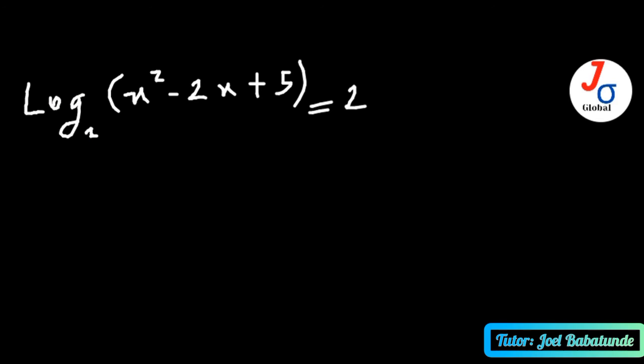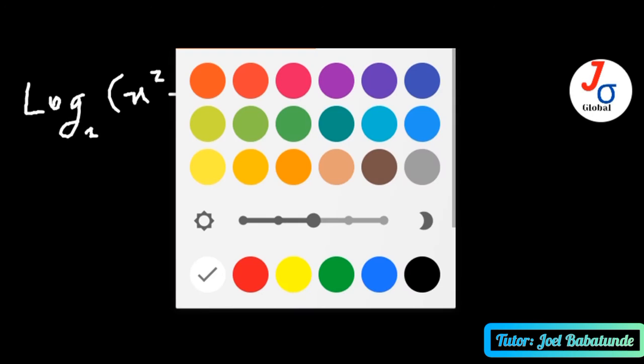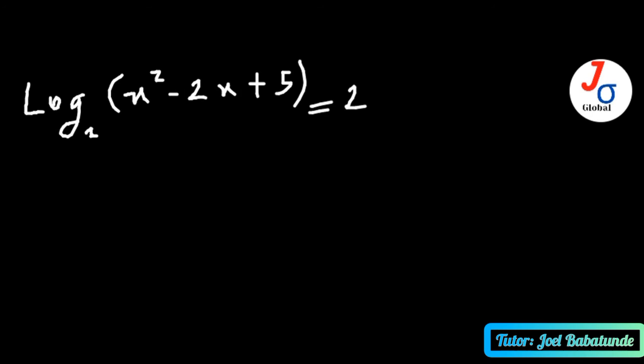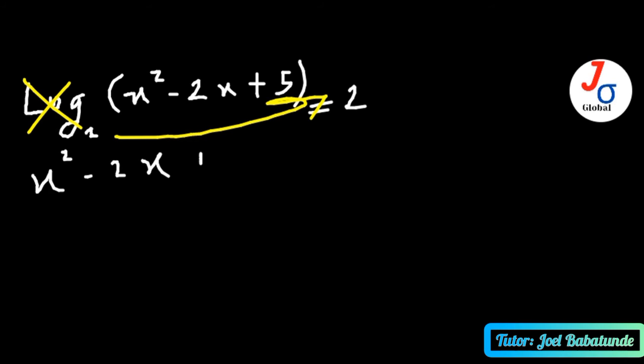Okay. Now we have log of x squared minus 2x plus 5 to the base 2 equals 2. This looks complicated, but it's just the same procedure you have to follow. I'm going to turn this back to index form and cancel out the log. And what I have is x squared minus 2x plus 5 is equal to 2 to the power of 2.